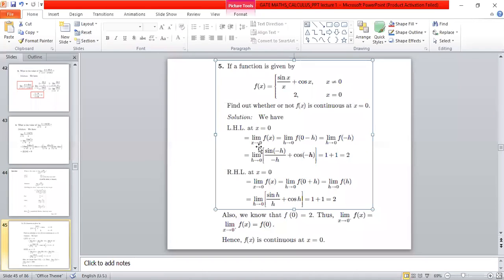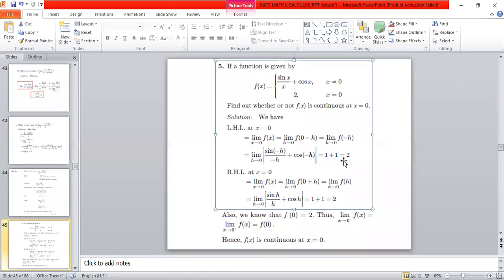Remember, if it is limit x tends to 1, then we have to write limit h tends to 0 of f of 1 minus h, and for the right hand limit, 1 plus h. Remember that. So this is limit h tends to 0 of f of minus h. In place of x, we write minus h in the function. So it is sin of minus h upon minus h plus cos of minus h as h tends to 0.